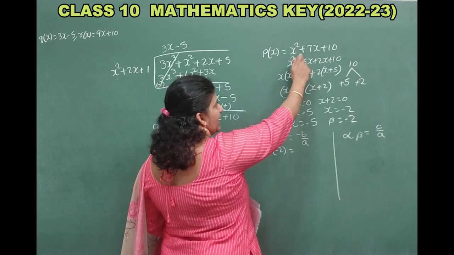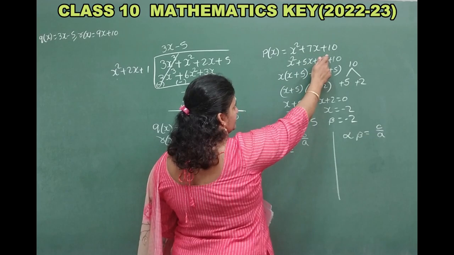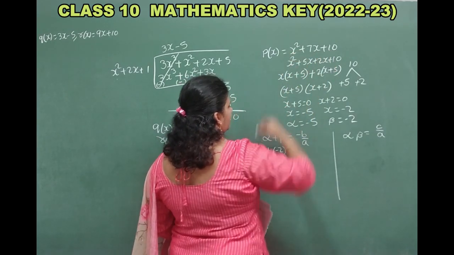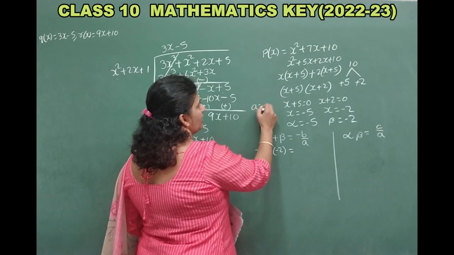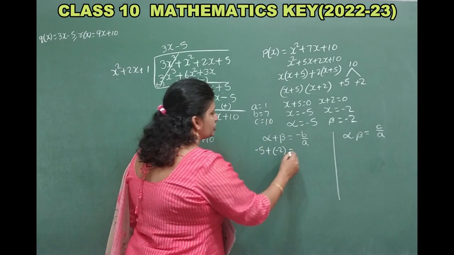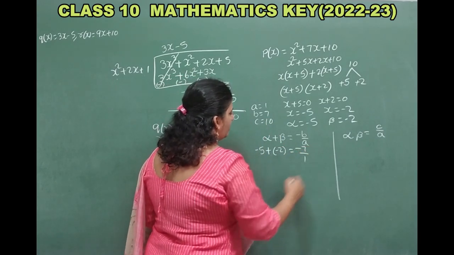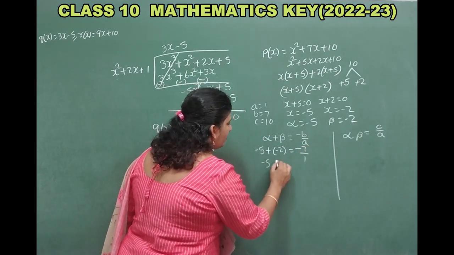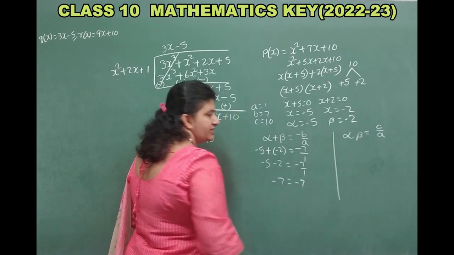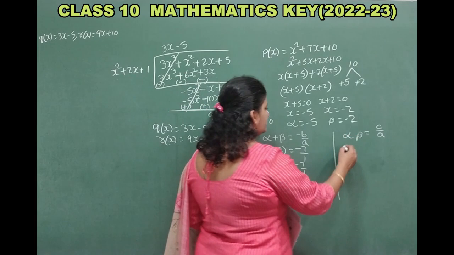Compare the standard form of the polynomial with this equation, that is ax square plus bx plus c. A value is 1, b value is 7, c value is 10. Substitute: minus 7 by 1. Minus 5 minus 2 is equal to minus 7. So it is verified.